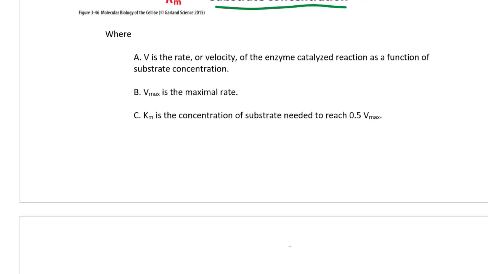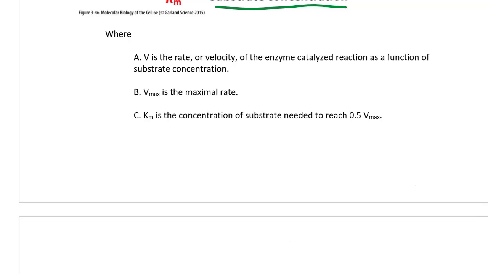So for the graph above, V is the rate or velocity of the enzyme catalyzed reaction as a function of substrate concentration. Vmax is the maximum rate, and Km is the concentration of substrate needed to reach half a Vmax. If you're wondering how you can calculate V or Vmax, there are two ways.